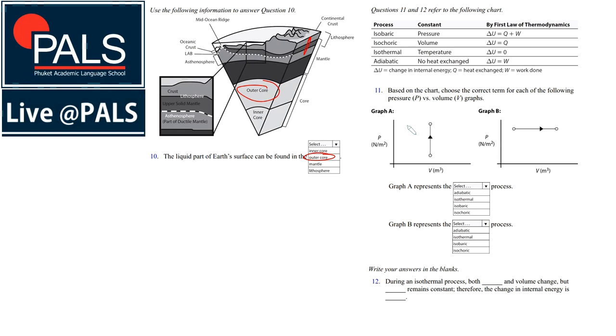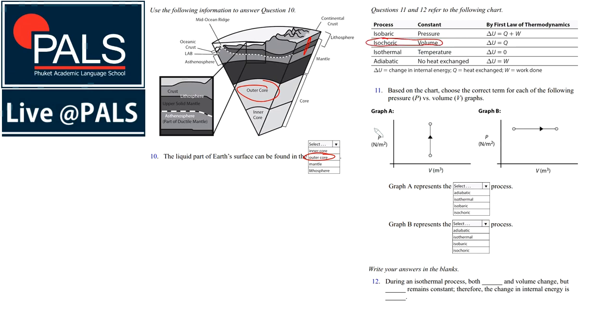So we have two graphs here, graph A and graph B. We can see that in graph A, we have a change going from here to up here. And this change happens in P, which is pressure. We can see that volume remains constant. So we have a change in pressure at a constant volume.